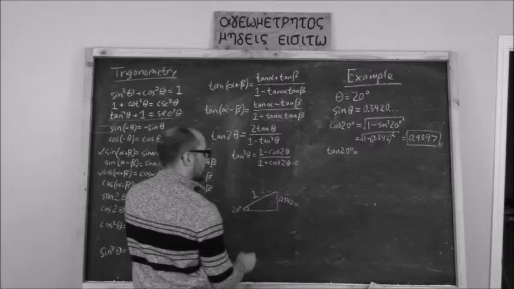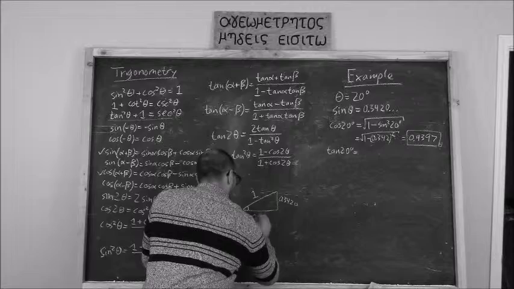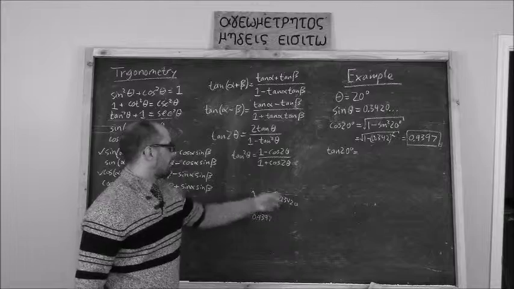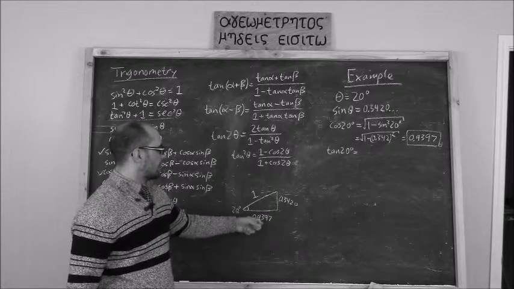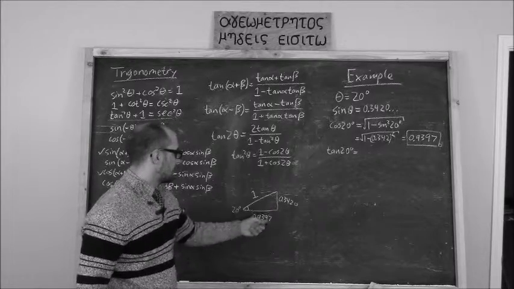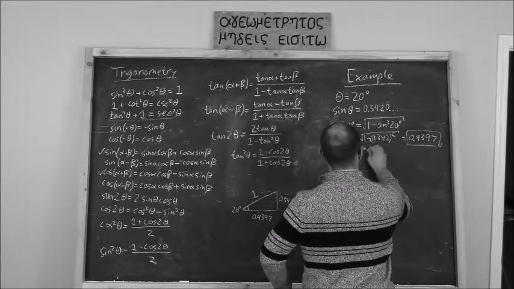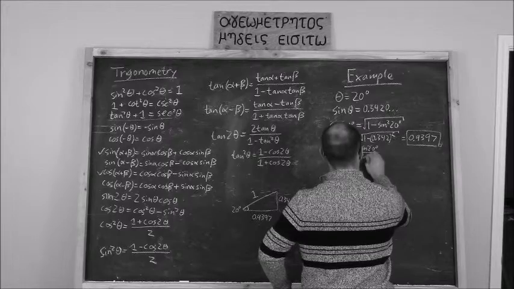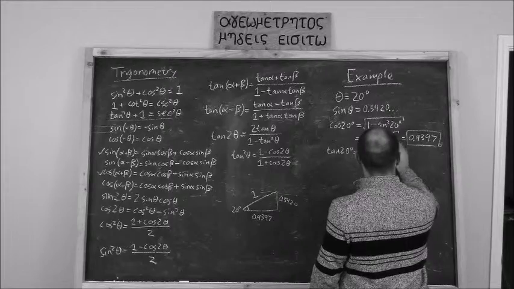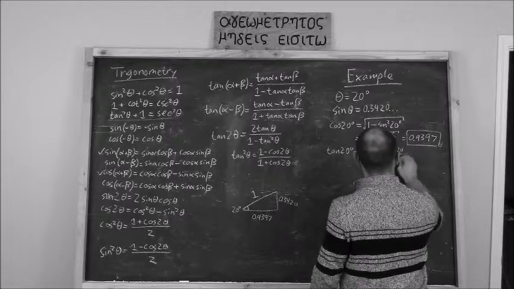Cosine we calculated effectively by using the Pythagorean theorem is 0.9397. Sine is opposite over hypotenuse. Cosine is adjacent over hypotenuse. Tangent is opposite over adjacent. So tangent 20 degrees is sine 20 degrees over cosine 20 degrees, which is equal to 0.3420 divided by 0.9397.